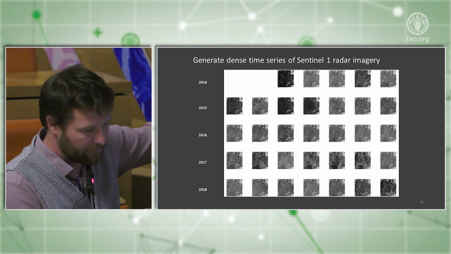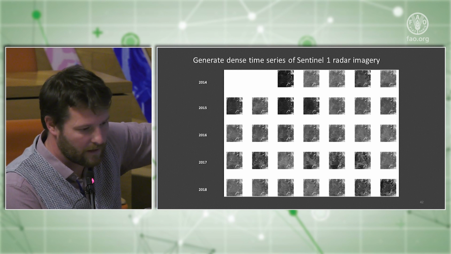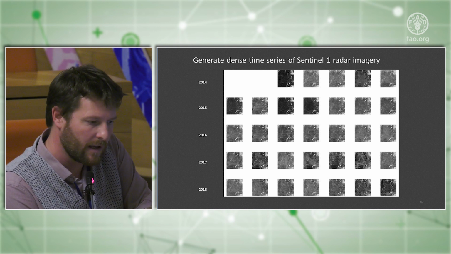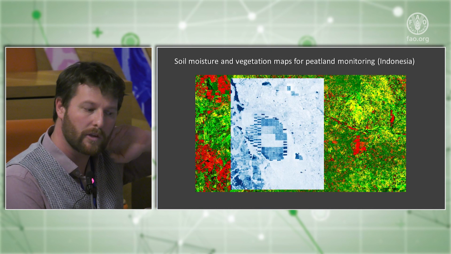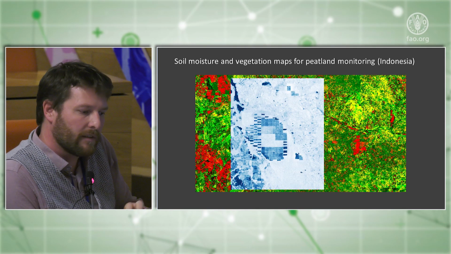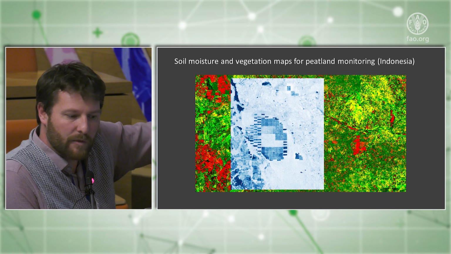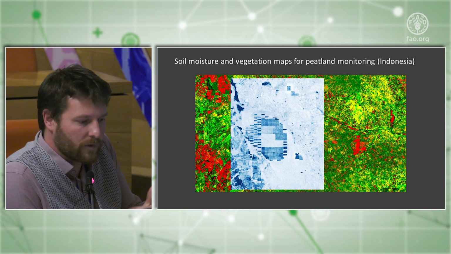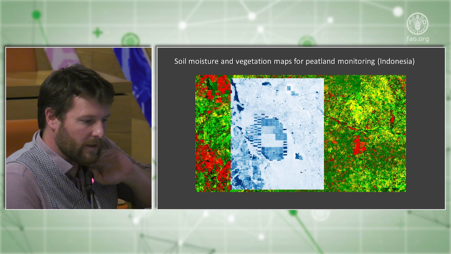And this is an example of getting some of those radar clips over a part of Indonesia and turning it into soil moisture maps. Soil moisture is one of the indicators of peat and peatland status. And we've been using global models of climate and edaphic and environmental parameters, and align them with Sentinel-1 data to produce soil moisture maps, also using in situ soil moisture calibration.